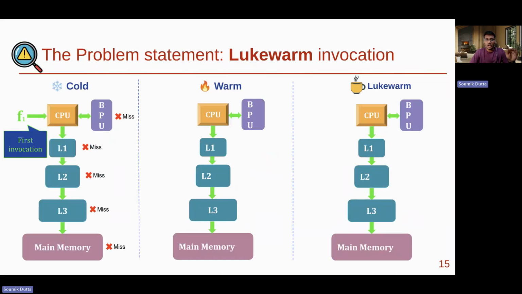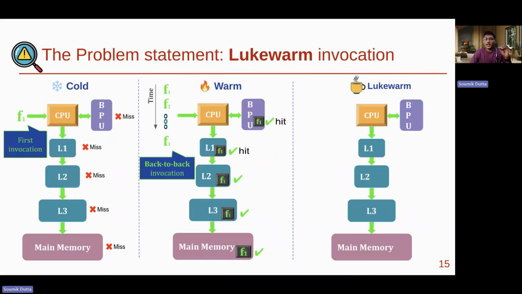So this is called cold invocation. In the case of back-to-back invocation of the same function, it gets hit in all parts of the memory hierarchy, because all those cache states and BPU states are preserved in the CPU memory hierarchy.